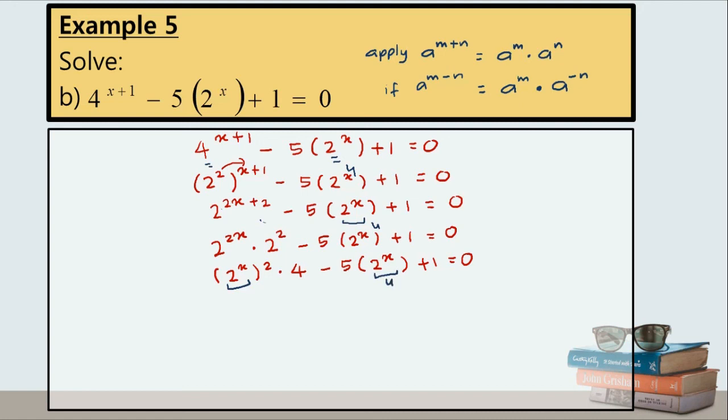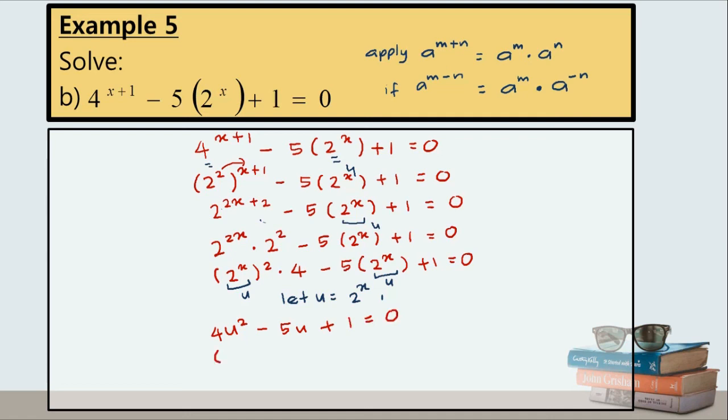So this is our u. So let u equal to 2 to the power of x. So we have u squared times 4, so write 4 at the front, minus 5 times 2 to the power of x, so 5u, plus 1 equal to 0.